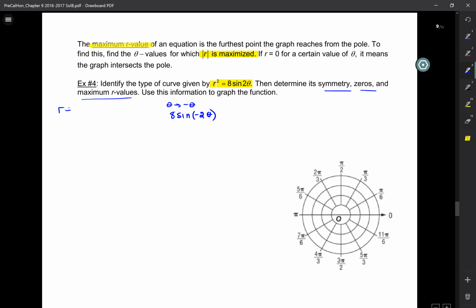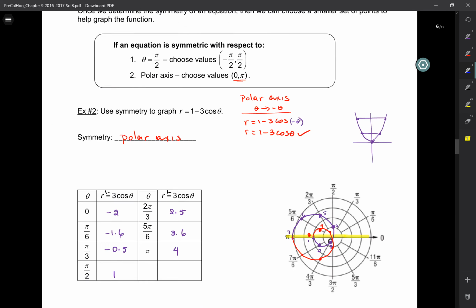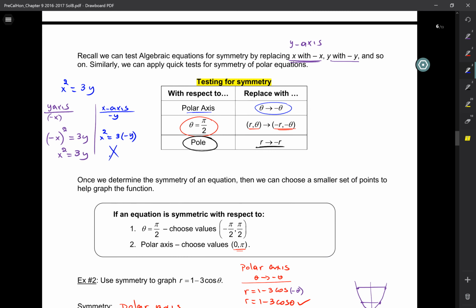So what if I made R negative R? Would I get the same equation back? Yeah. R squared is equal to 8 sine 2 theta. Okay, so remember where our symmetries were?